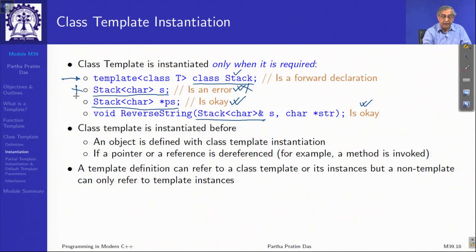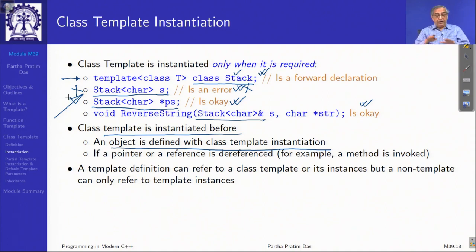Such declarations are known as incomplete types, because they tell you part of what the type is, like it is a stack and has a type parameter T, but they do not tell you the details in terms of the data members and methods. So, the class template must be instantiated before an object is defined with the class template instantiation, which was getting violated at this point.